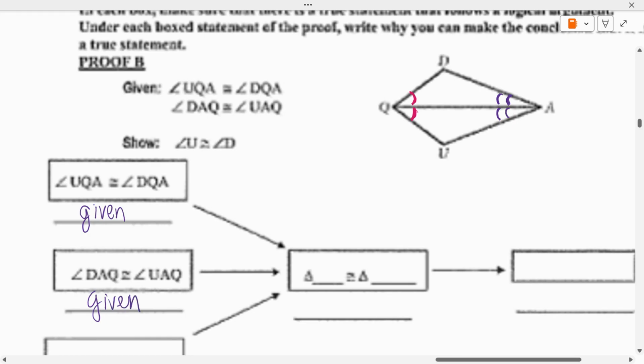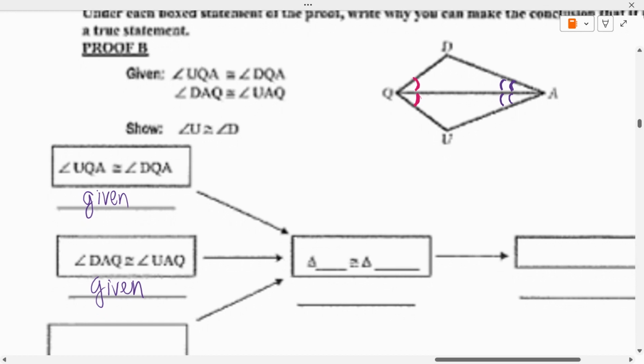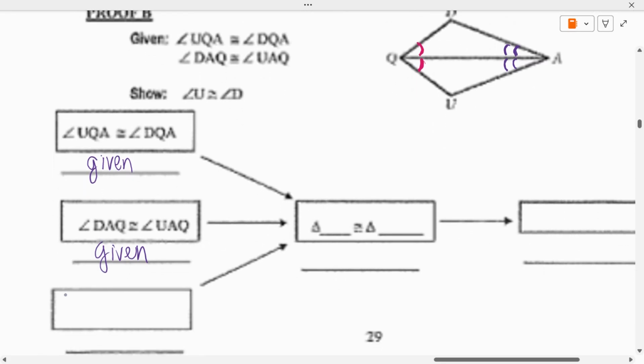What's the next statement? Is there anything that's shared between those two triangles? QA, and it's a segment. So we put a segment bar over the top of it, is congruent to QA, reflexive, and I just abbreviate it reflex prop. Reflexive property.